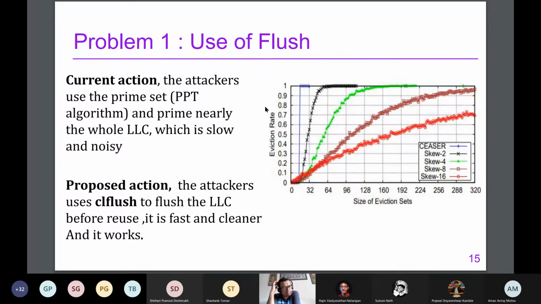First of all, flushing the LLC is a faster and cleaner method, and experimentally it has been shown that repeated use of flush, then reuse of the eviction set, then again flush, then reuse of the eviction set might give us better results, as you can see in the graph here.